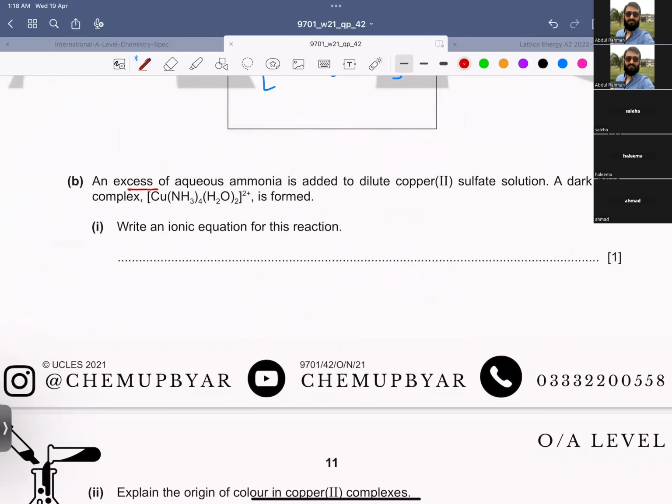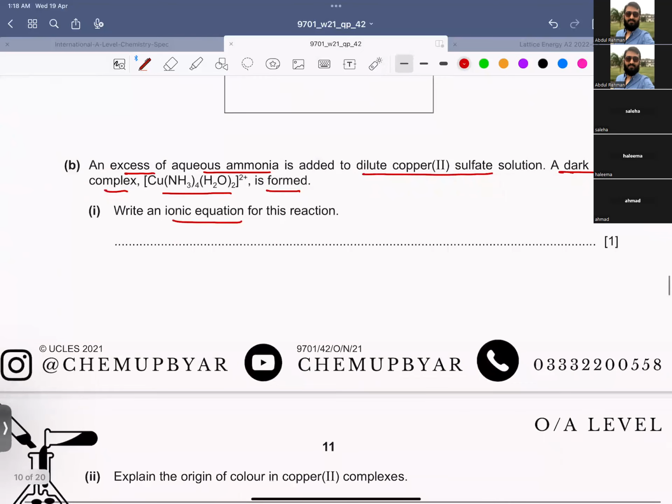An excess of aqueous ammonia is added to dilute copper 2 sulfate solution. A dark blue complex is formed. Write an ionic equation for this reaction. So it's a dilute aqueous copper 2 sulfate, which means copper is actually existing as a hexaaqua copper 2 complex.